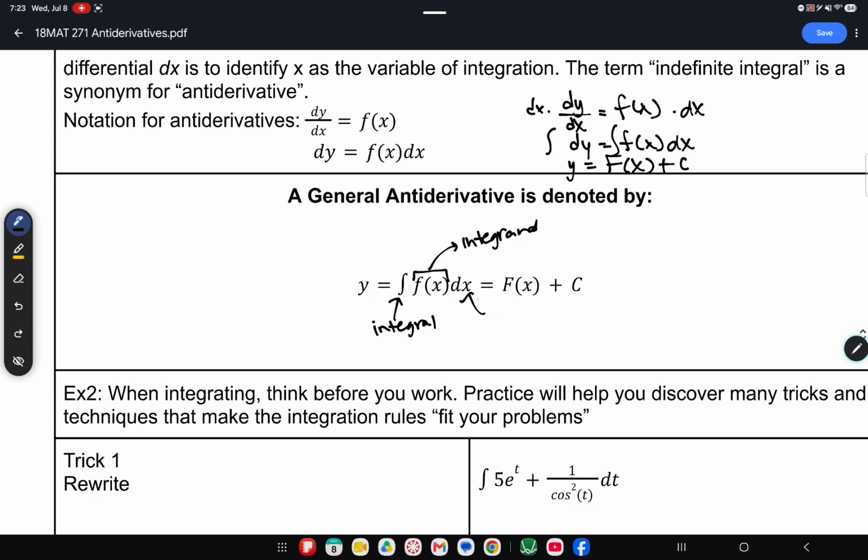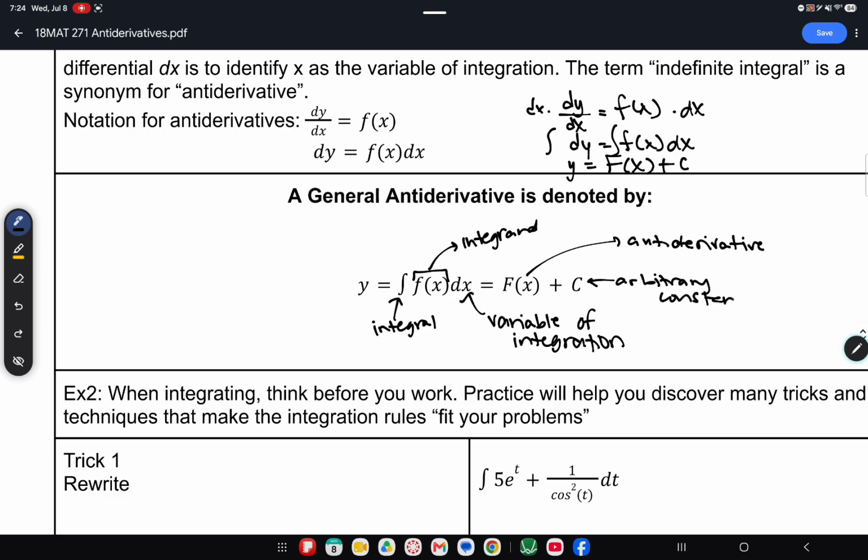And dx is our variable of integration. Big F of x is the antiderivative, and plus c is just an arbitrary constant.